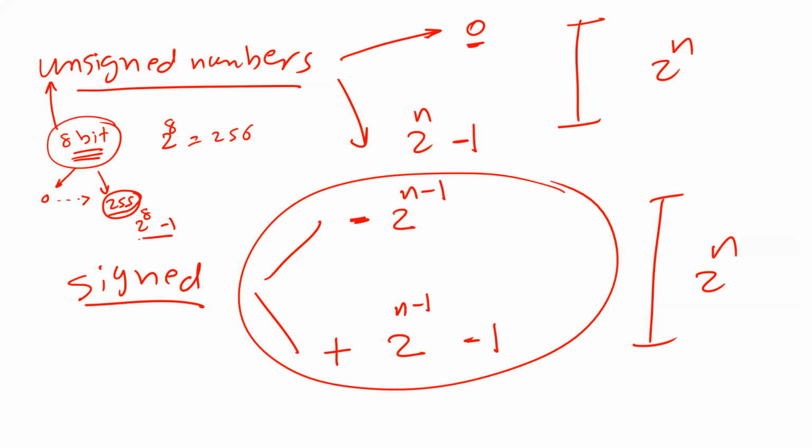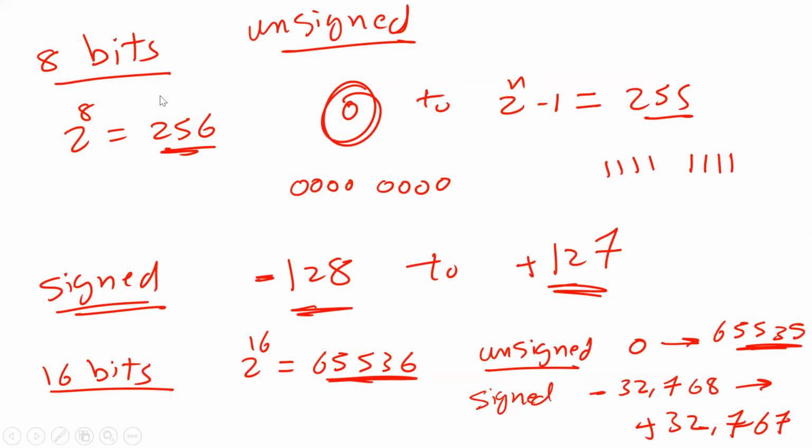So I start from 0, and then I use the whole space in the positive area, from 0 until 255. Makes sense, because the whole space is 256. I already used one for 0, so I go all the way until 255. This is what I'm explaining here.